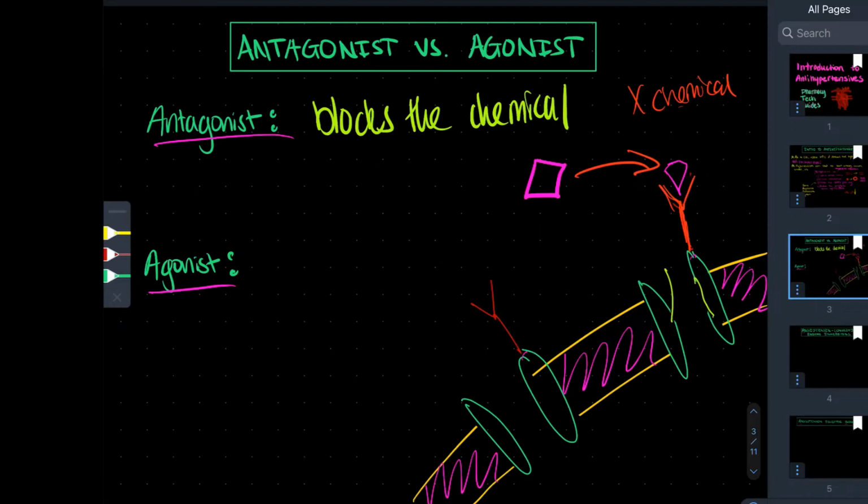And then you have agonists. So an agonist is something that imitates the chemical.